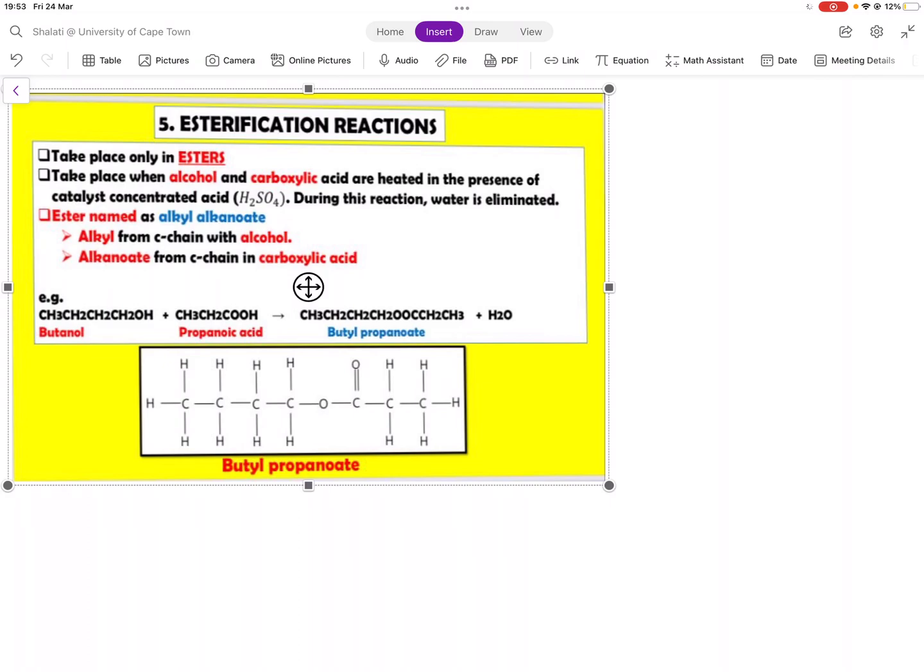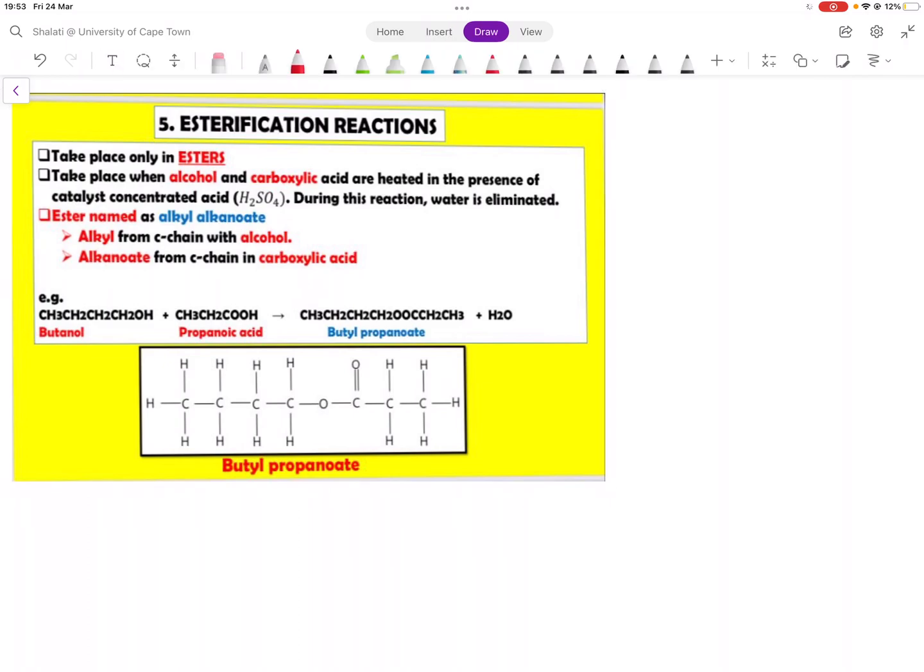So it's basically alcohol plus carboxylic acid giving you an ester, in the presence of concentrated H2SO4, sulfuric acid. Okay, so this is very simple.